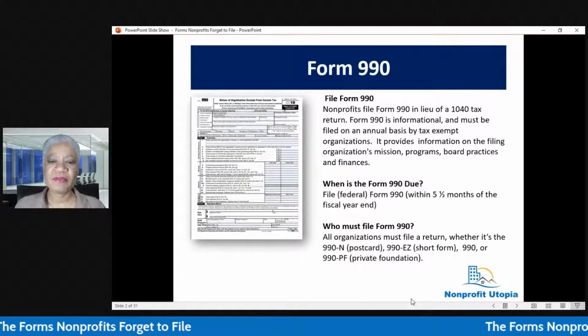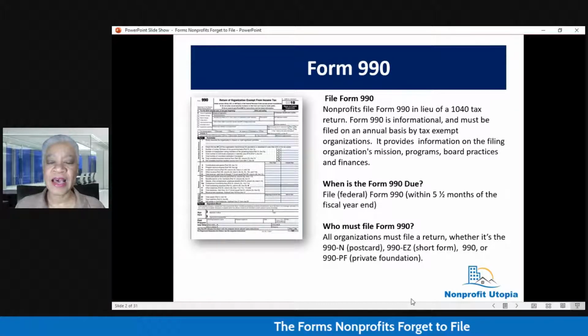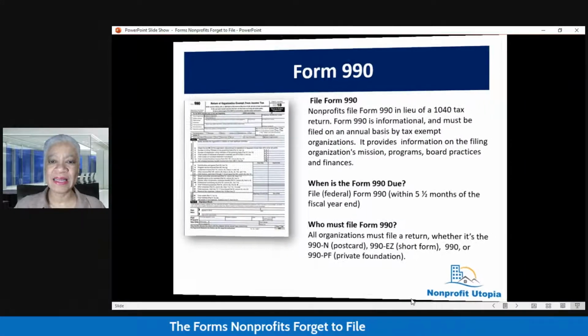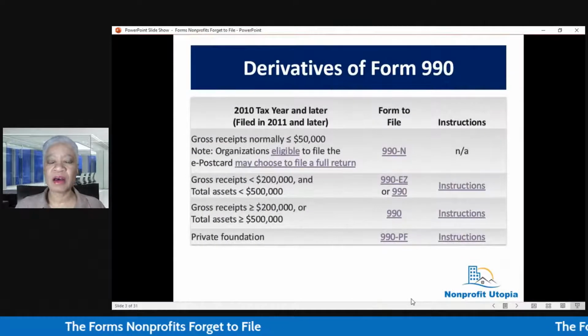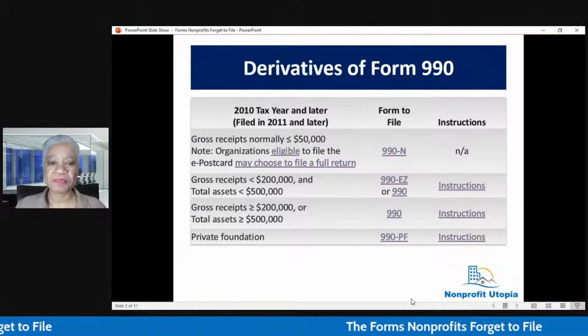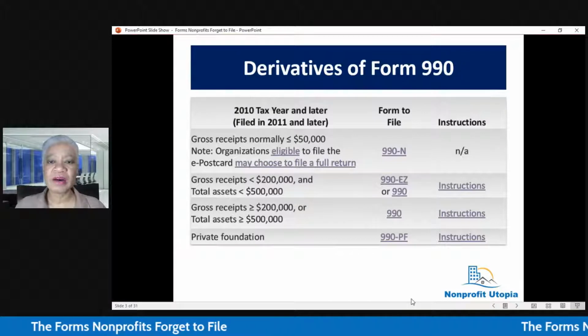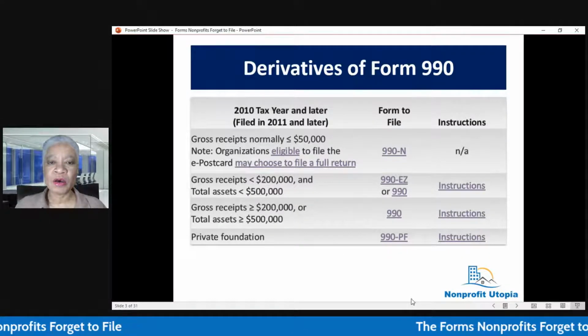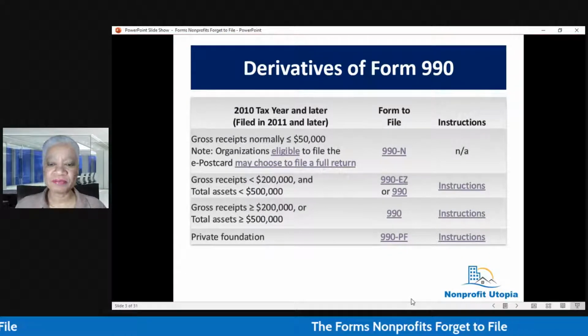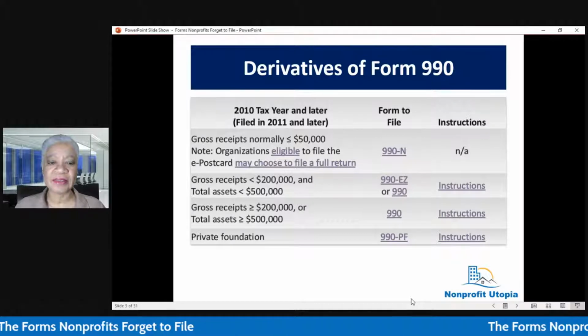And every nonprofit organization, I don't care how new you are, has to file Form 990 or some derivative or type of Form 990. What this chart tells you is the various forms of Form 990, when you should file them, and what form you should file given your size.